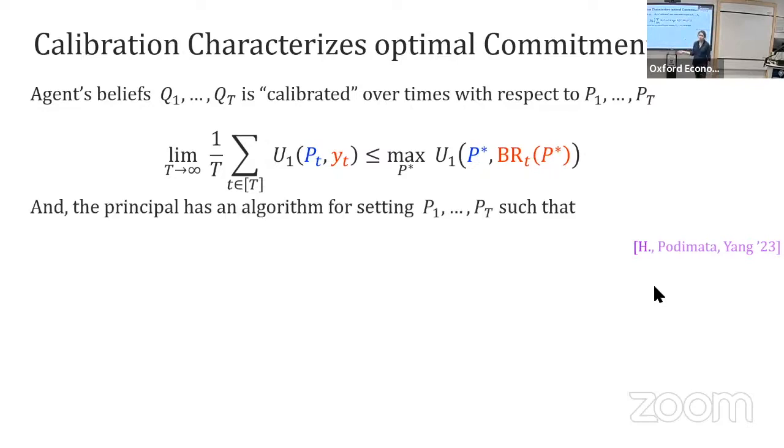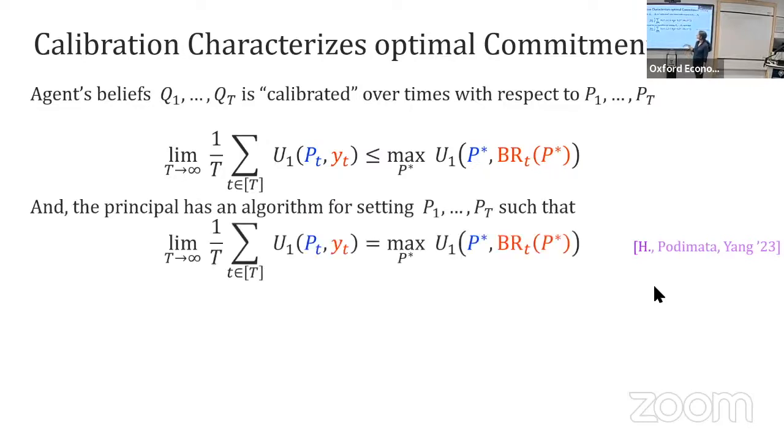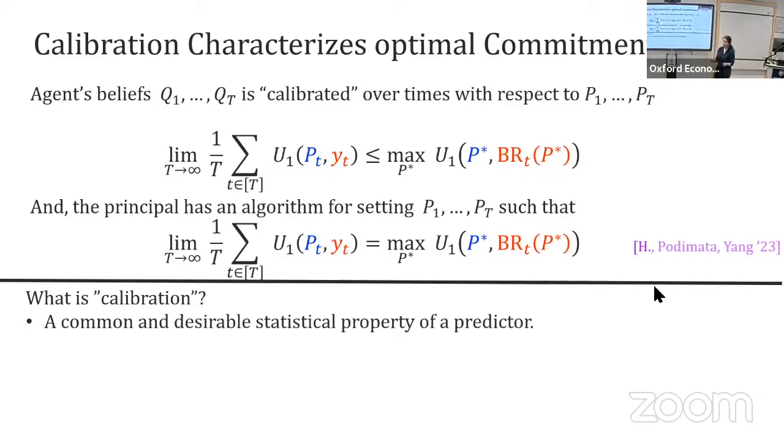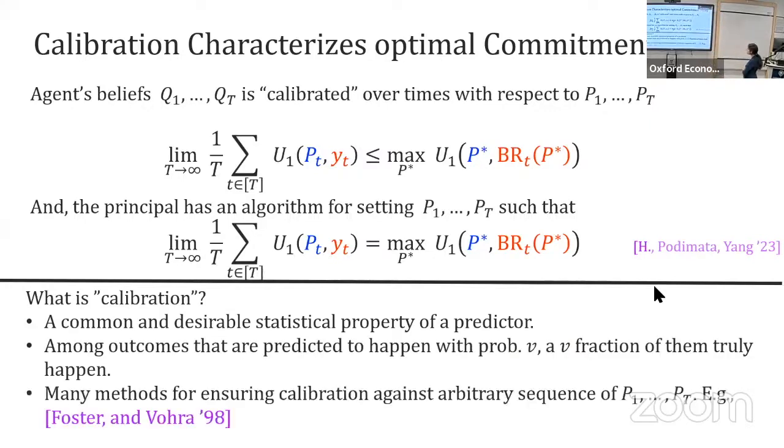And the principal can ensure to get this optimal commitment. So what this is really saying is that calibration, which is a common desirable notion of statistical validity, let's not go into what it means, but there are many methods for ensuring it.